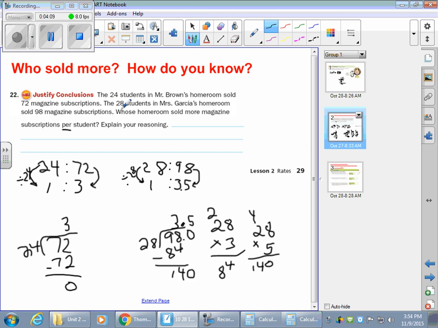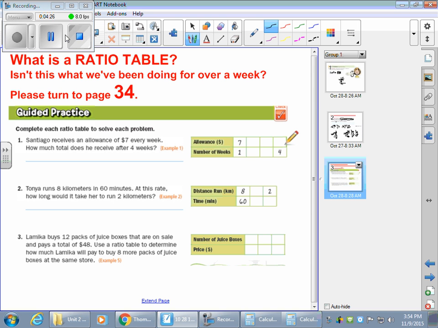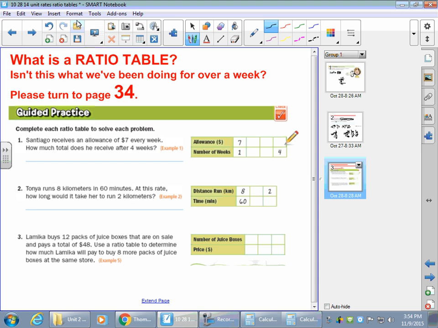So clearly, Mrs. Garcia's homeroom sold more. And it can be proven mathematically right there. Again, it seems like a lot of work for one question, but unit rate is probably the easiest way to do it.